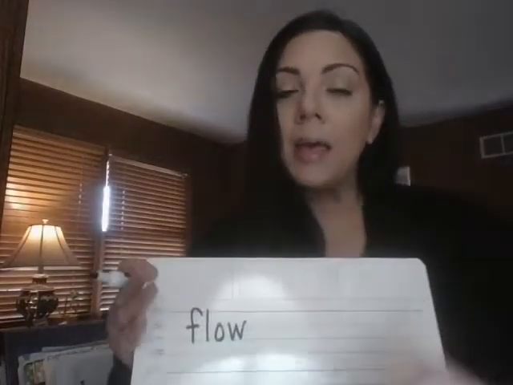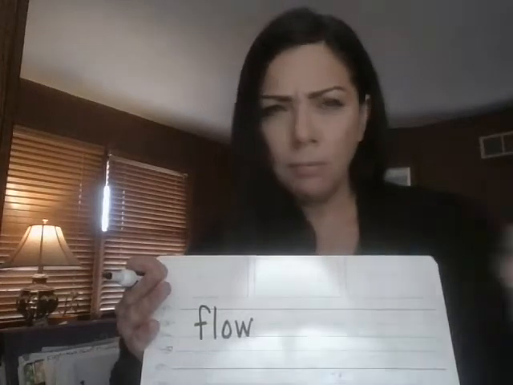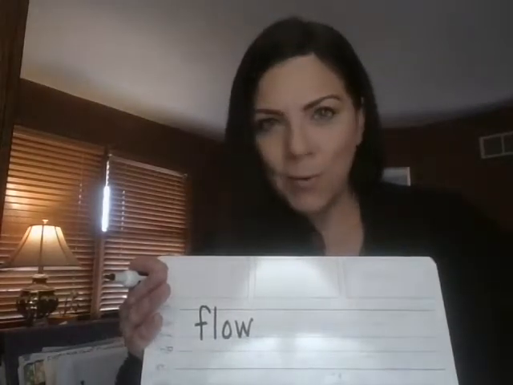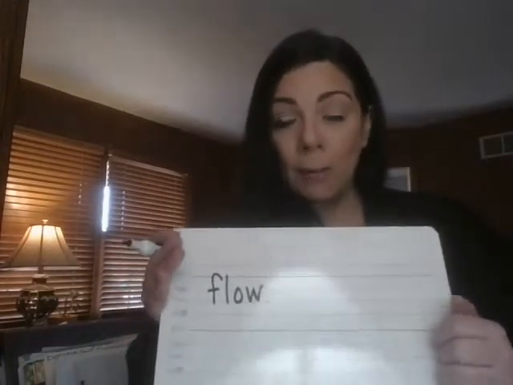Okay, there's also some other helpful hints. So we're going to try a couple, and I'm going to show you a couple that have some helpful hints. Sometimes the word may be like this. Now, we're going back. This would be flow. No, what would it be? Flow, right?